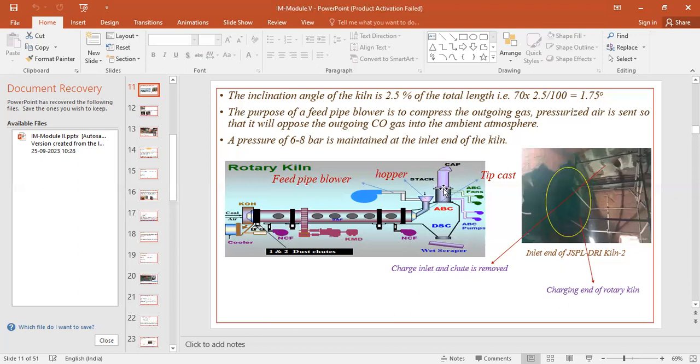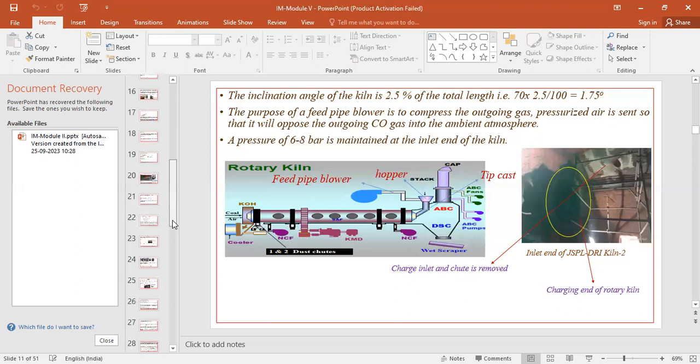And whatever heat is extracted from these waste gases, the leftover heat, at about 200 degrees centigrade, will simply be sent out to the ambient atmosphere through the chimney. Okay, so this is what we are seeing.